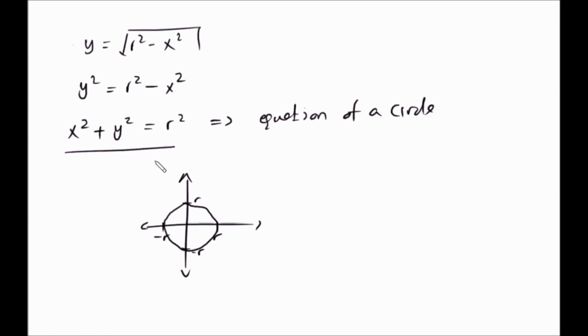Sasa yeye alisema the area bounded by hii curve, manake hii, the x axis hii hapa, and the ordinates x equals to 0 na x equals to r hii. Kwa hii area ndio ilikuwa rotated about the x axis. Sasa ukirotate hiyo area about the x axis utapata nini?